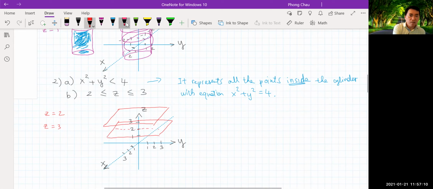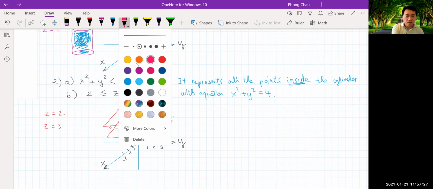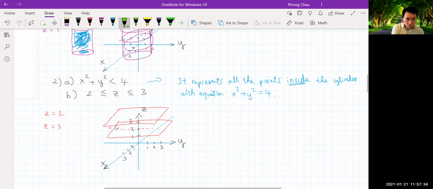Now, what are all the points that satisfy this inequality? Z less than or equal to 3, bigger than or equal to 2. So you see that it's going to represent all the points in between the two planes.